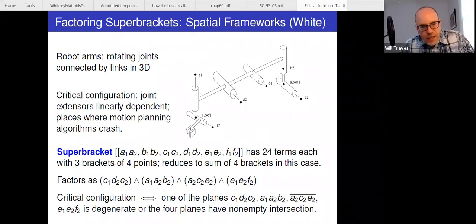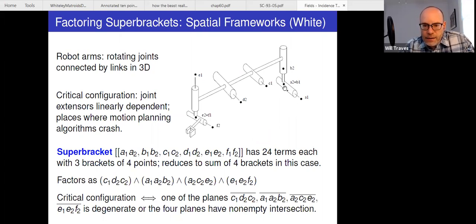On the next slide, I'll give you a reference for this, but it's got a robot arm in 3 dimensions, and it's got all these revolute joints. So these are joints that rotate a cylinder. You could think of them almost like the handle of a doorknob. It can rotate, but it can't translate.